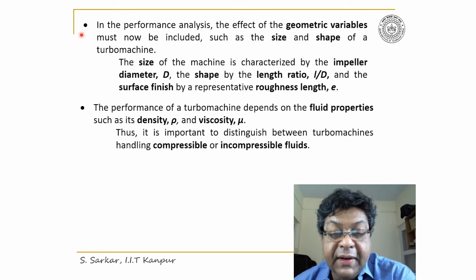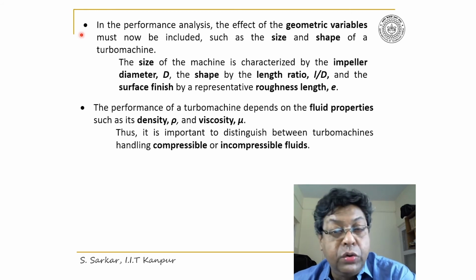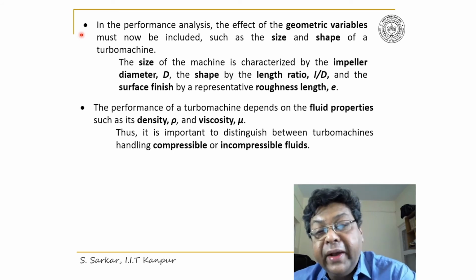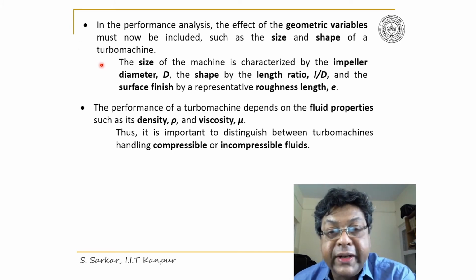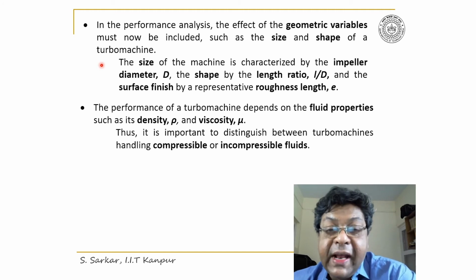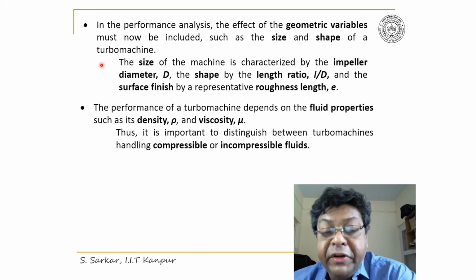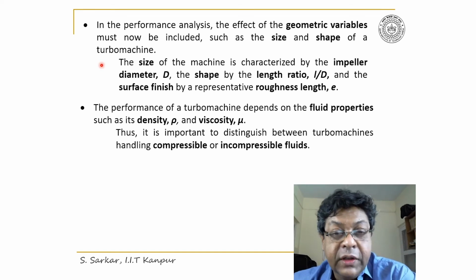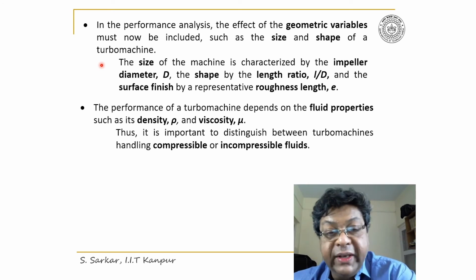In a similarity analysis, the effect of geometric variables must be included, such as the size and shape of a machine. Size of a machine is characterized by the impeller diameter and shape by the length ratio, which is represented by L by D. Furthermore, the surface finish must be considered, which is represented here by the surface roughness length, small e.